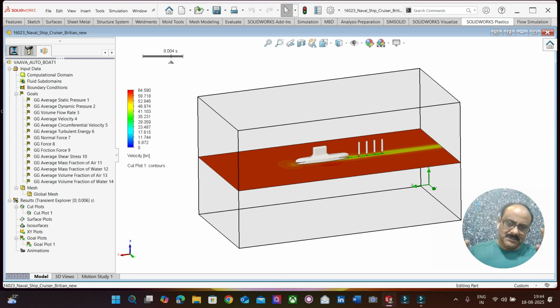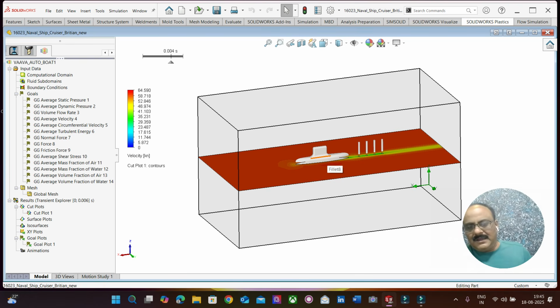Total is about 10 seconds, and that is how I am defining this boundary. Once I have defined this boundary, I define the system such that this particular submarine, the object, is going to travel at a speed of 60 knots.